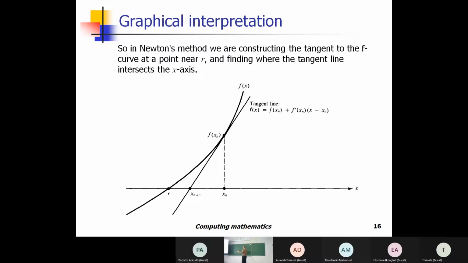This is the root, this is the current point xn, this is the point xn plus 1. We take xn plus 1 as the point of intersection of the tangent line and the zero line.